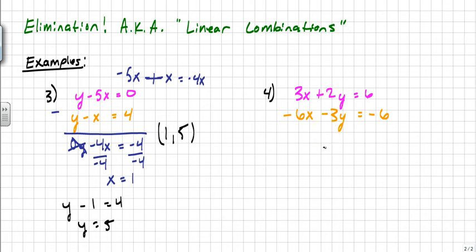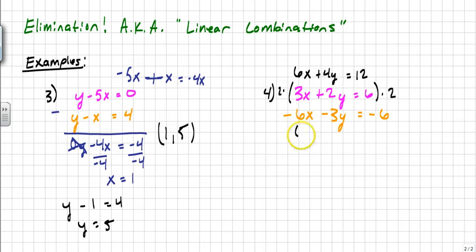So the best way to do that is to multiply this top equation, the whole thing, times 2. So I'm multiplying both sides, or every single term, by 2. And that's going to give me 6x plus 4y equals 12. The reason I do this is because now I can add these two equations together and get the x's to cancel.